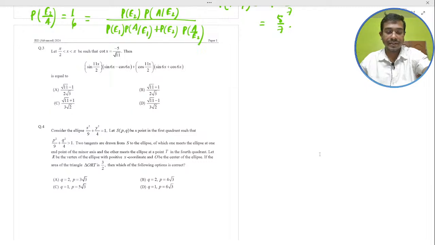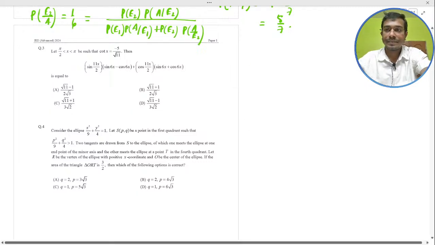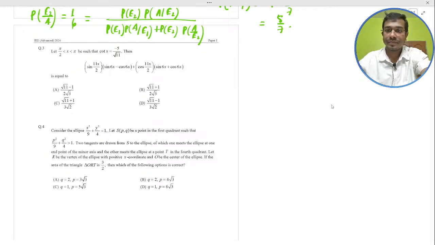Here it is given that cot x is minus 5 by root 11, for x belongs to pi by 2 to pi.